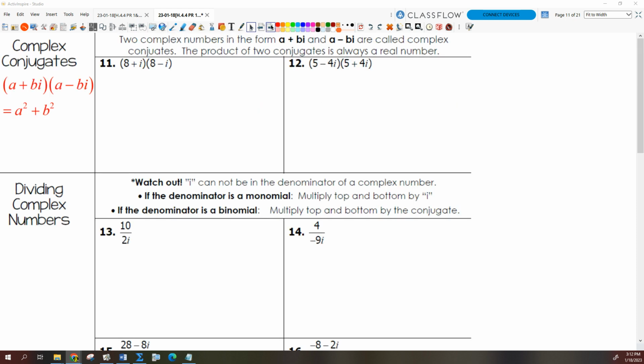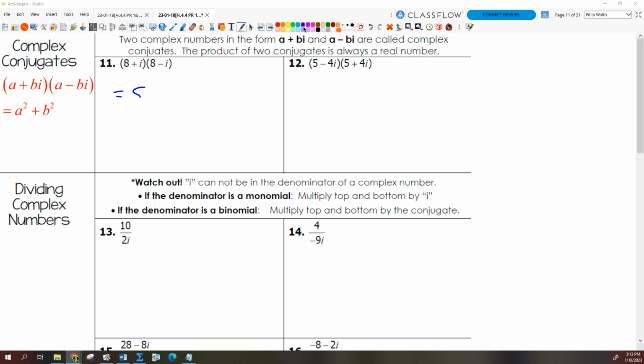So now let's practice calculating complex conjugates. You should be able to do this in about 3 seconds. What is the answer to 11? If you're doing it right, it's very quick. 64 plus 1, right? Because A is 8 and B is 1, is it not? That's a complex conjugate pattern where A is 8 and B is 1, correct?